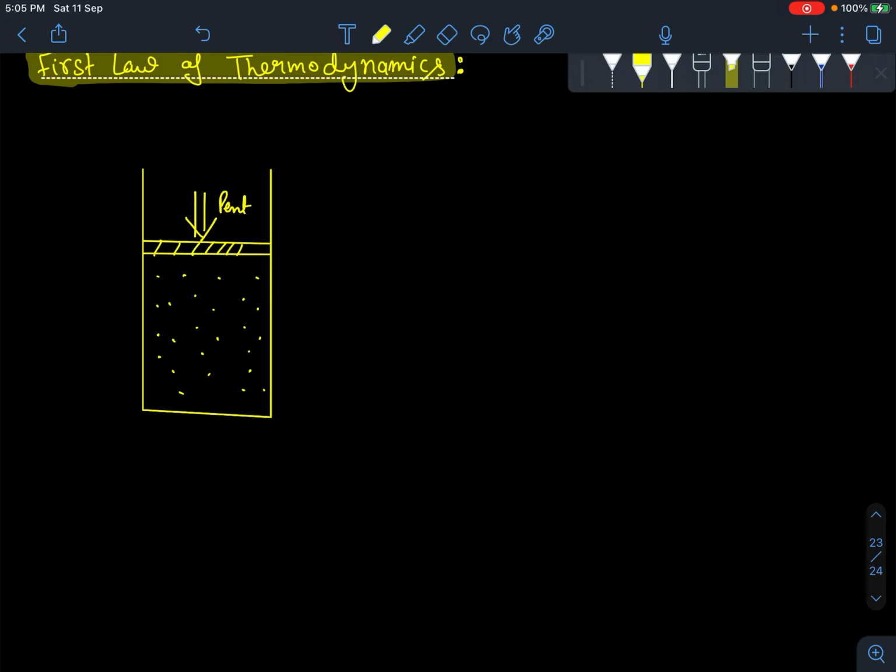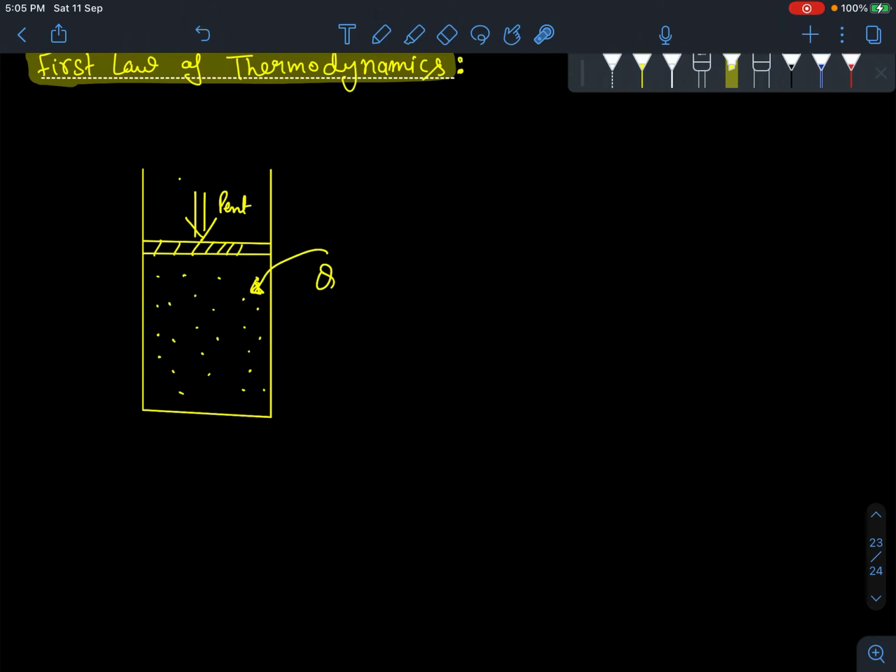Now you tell me what will happen if I am supplying heat from outside and at the same time the external agent is performing work also, means trying to compress it. So what will happen essentially to the system? Now there are two pathways with which it is consuming energy, Q and W, and don't you think that they are going to increase the internal energy of the system?